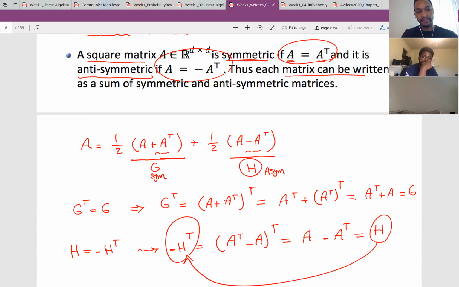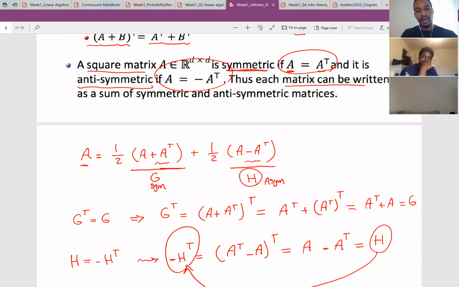If you have some matrix A, you can break it up into its symmetric part and its anti-symmetric part: half times A plus A transpose, plus half times A minus A transpose. If you do the math, you can see that the A transpose parts drop out and you're just left with A.